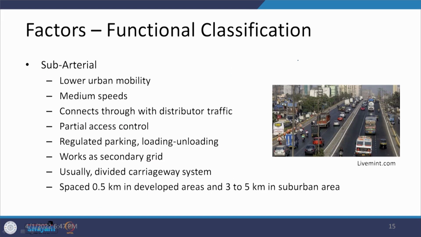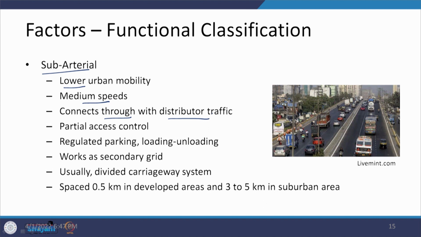Now, if we look at the sub-arterial, which is a bit lower category compared to the arterial road, the mobility is lower, and therefore the speeds are also lower. The traffic is again a sort of through traffic, but it is also connecting with the distributed traffic in a particular area.